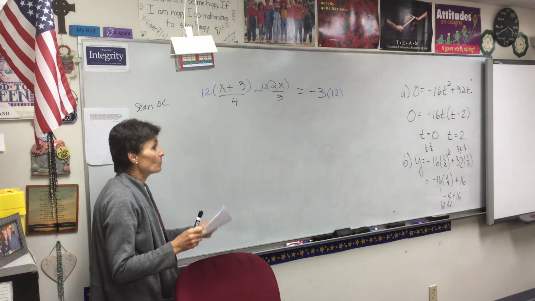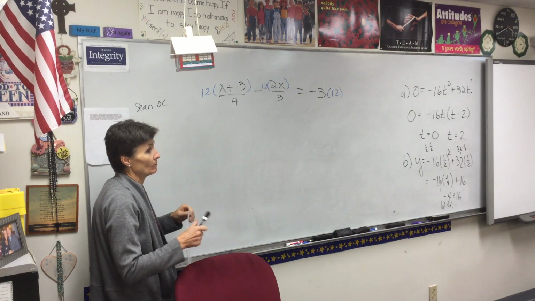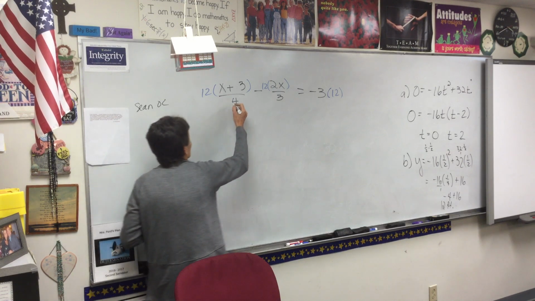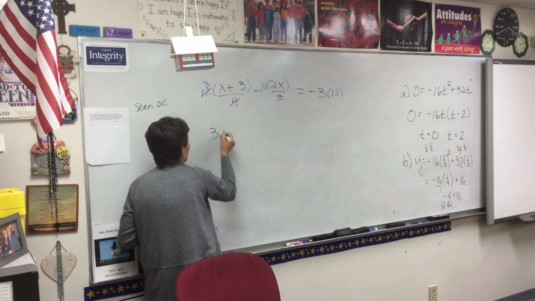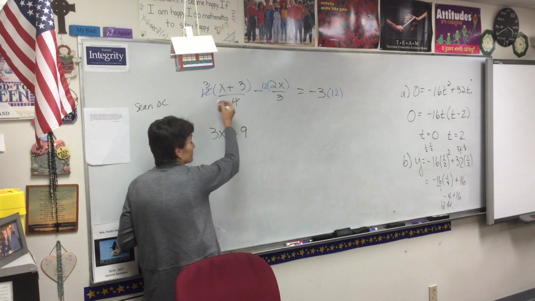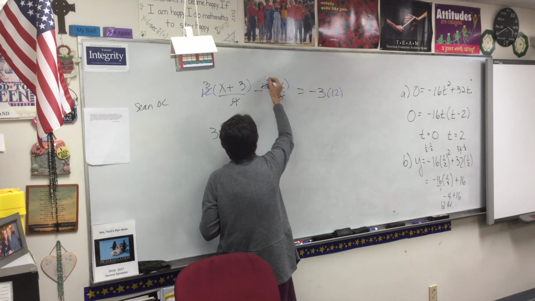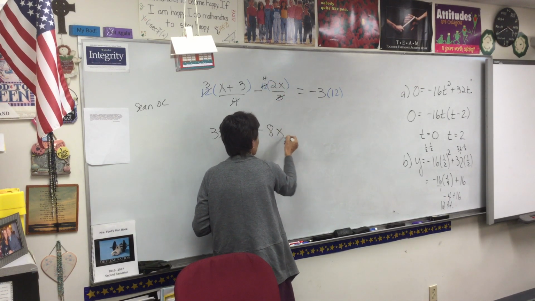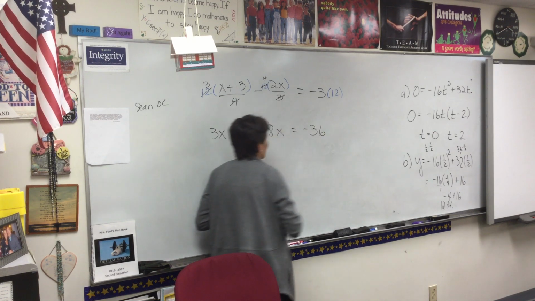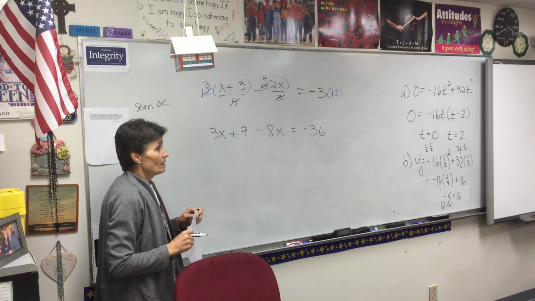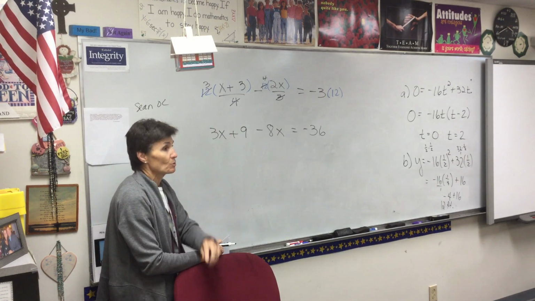And the reason that we do that is so that we can immediately cancel. So we'll have 3x plus 9 here. Remembering this? And minus 8x. And negative 36. If you're not going to cancel, there's absolutely no reason to multiply by 12.